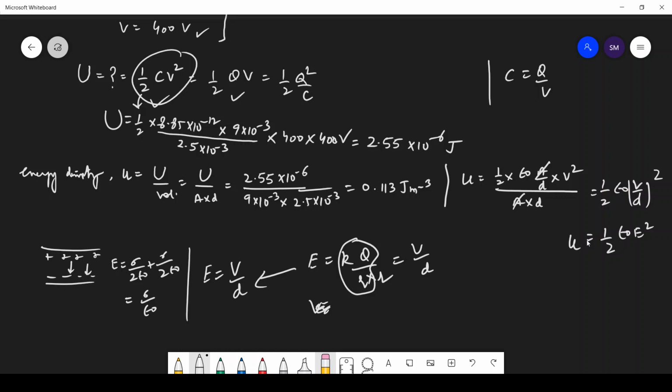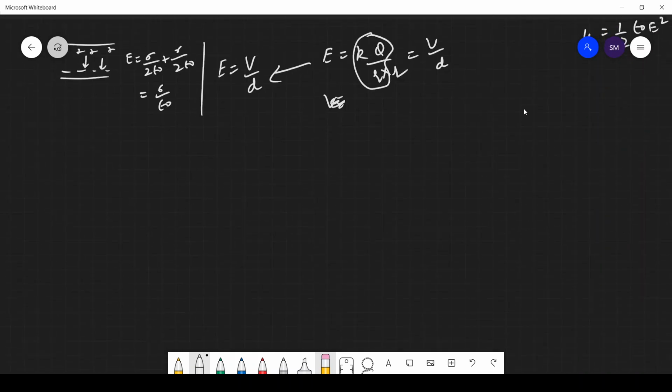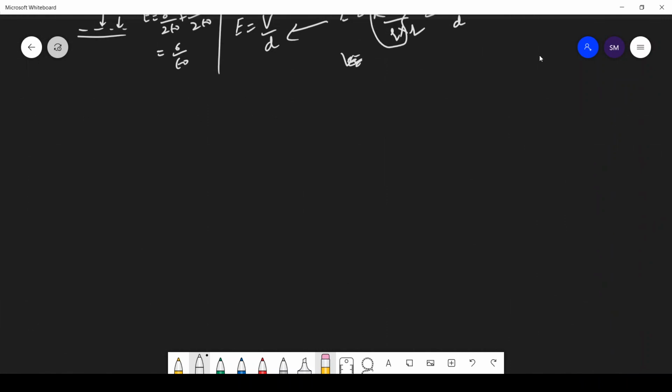Now we have one more simple question, let us do it also, 2.27. So students, we have a 4 microfarad capacitor, and this capacitor is charged to a 200 volt supply.